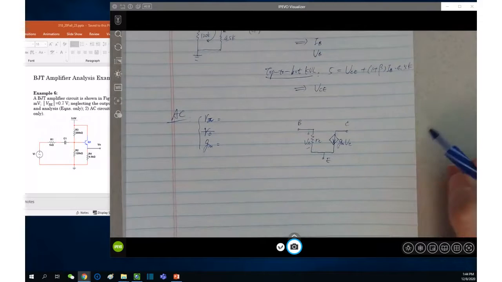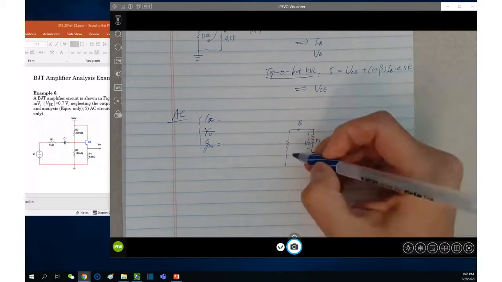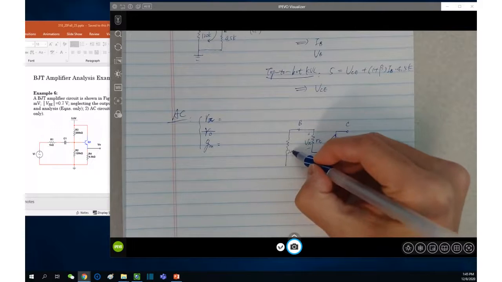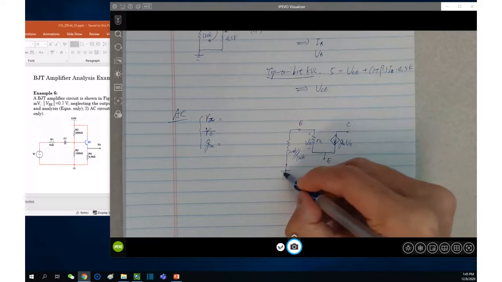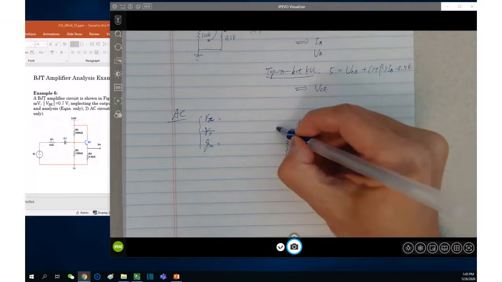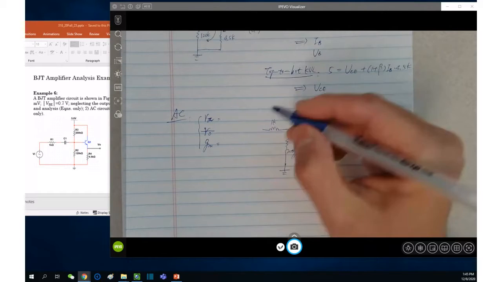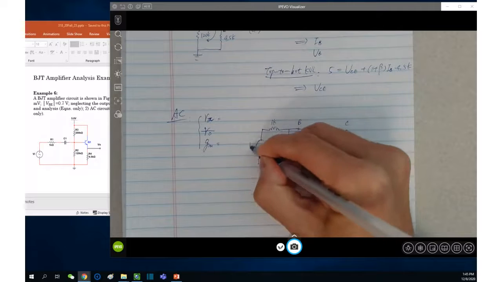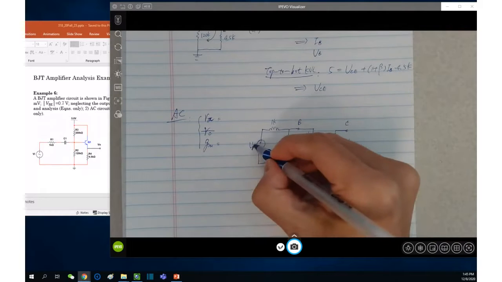So base is once again quite regular. It is connected to 200K and 120K in parallel, shorting to the ground here, and also base connects to 1 kilo ohm, and then series connected with the source VI, okay, here.